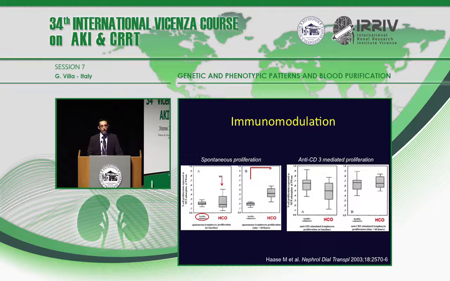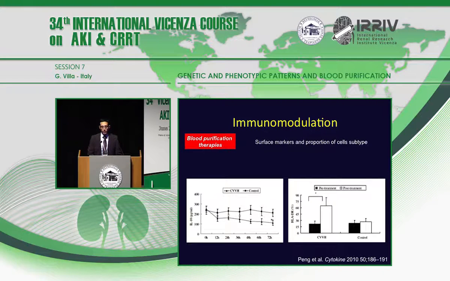We can also affect the lymphocyte, which is usually not able to proliferate during sepsis, and as we know, the lack of capability of the lymphocyte system is one of the most important causes of death in sepsis for anergy, which is restored, for example, in this case, after the use of a high cutoff membrane. This is true both for spontaneous and for anti-CD3 mediated proliferation.